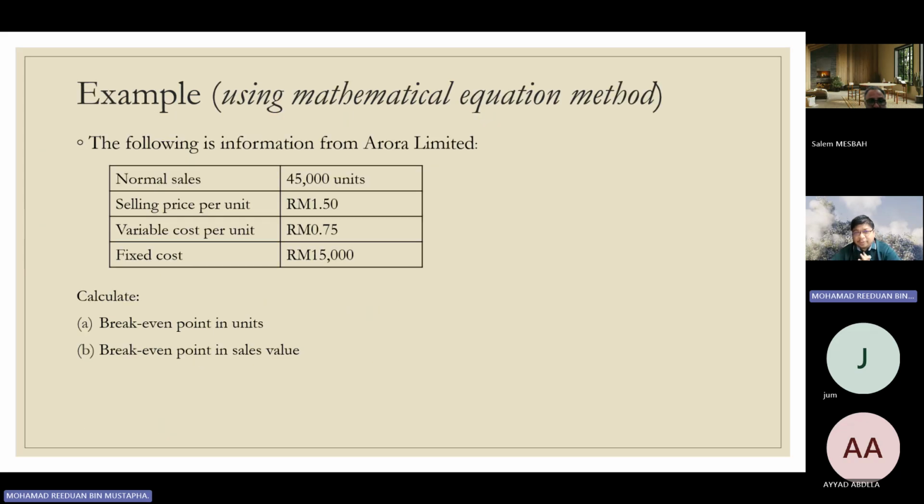Can you solve based on the formula? How much do you get for the break-even point in sales value? Is it 20,000 units or what?